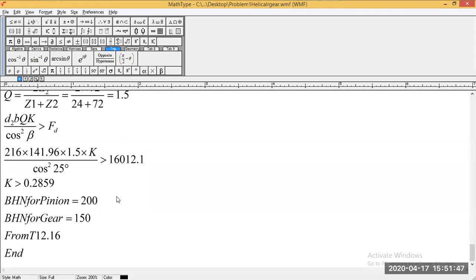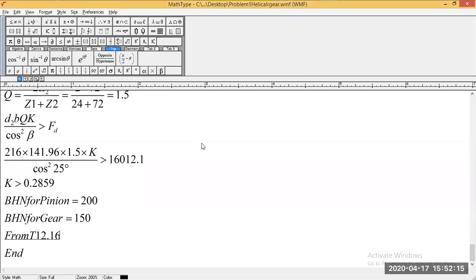Okay, this problem was a little bit different because two different materials were given, and you had to shortlist the gear for the weaker material, right? So we'll solve one more problem in the next class, that is on Monday, and we'll wind up with helical gears. Any doubts you have, you can ask at this point.